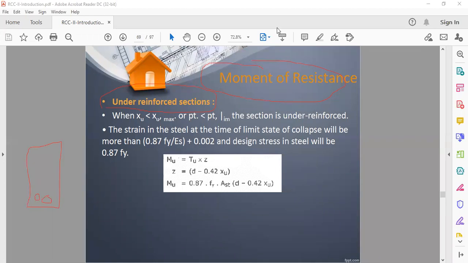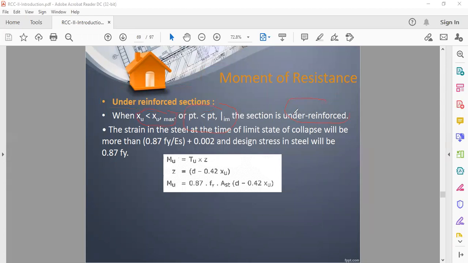The first is when XU is less than XU max, or the percentage of steel is less than the limiting value of the percentage of steel. Then we can say the section is under reinforced.